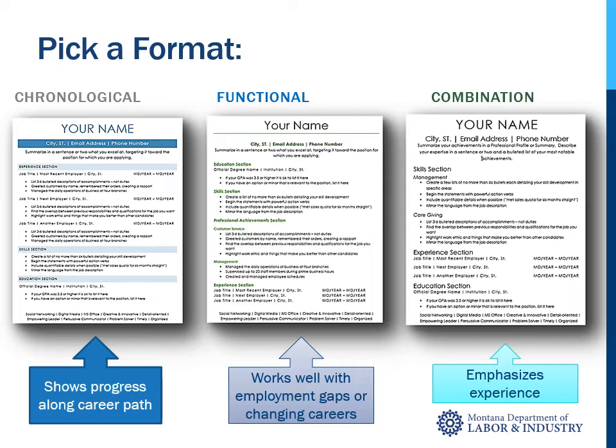Functional works really well if you have some employment gaps or if you're changing careers and you want to show applicable work experience. And your combination is kind of a best of both worlds. It emphasizes your experience, especially if you're very experience heavy. So you're going to choose the format based on your amount of experience, skills, and your needs for a particular application.